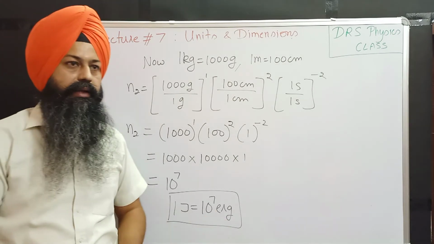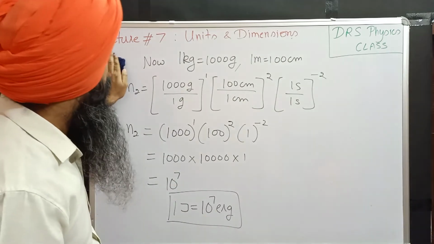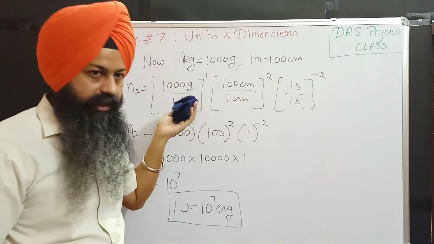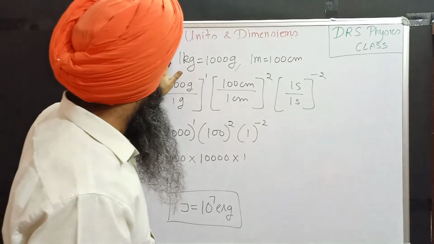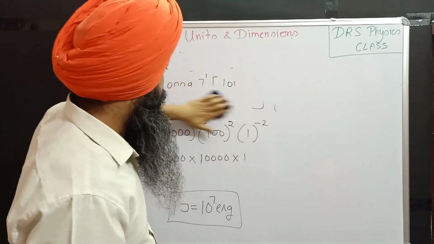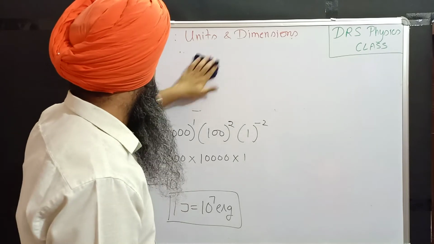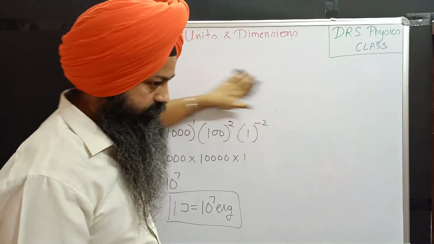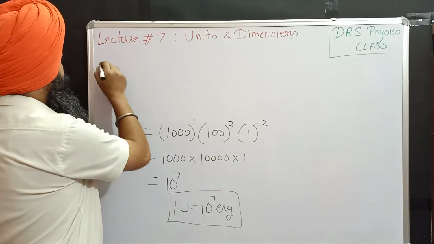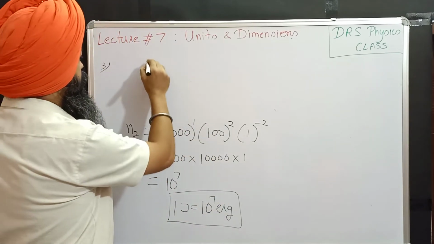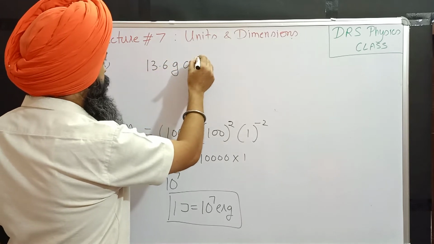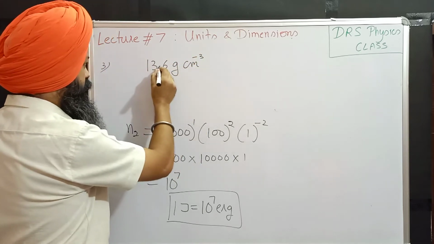There are many problems like this, but the method remains the same. Let us try an example of density. Say the density of a certain substance is given to be 13.6 gram per centimeter cube.